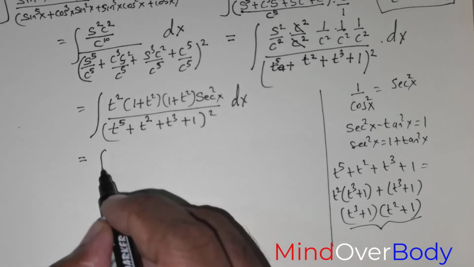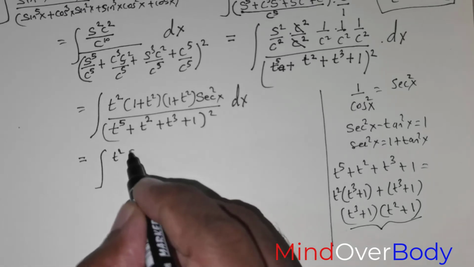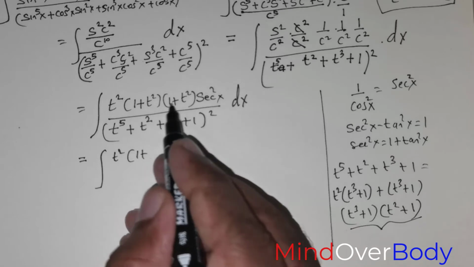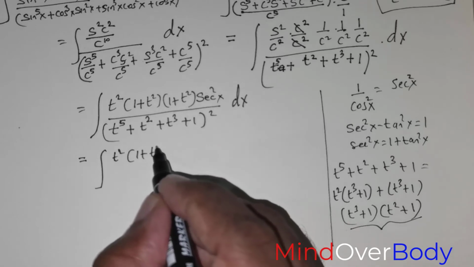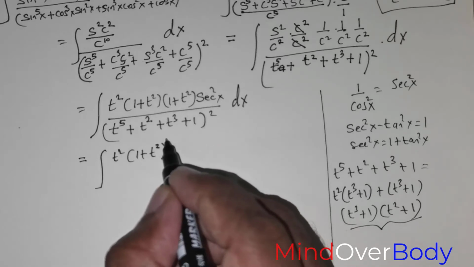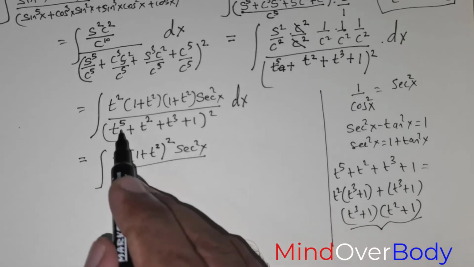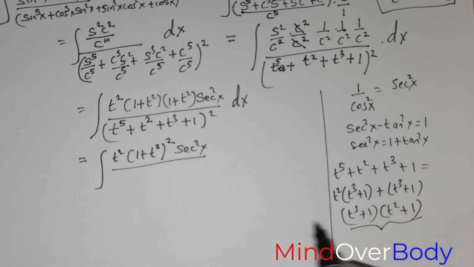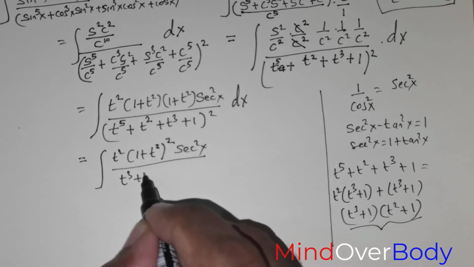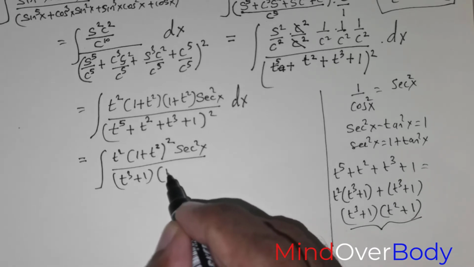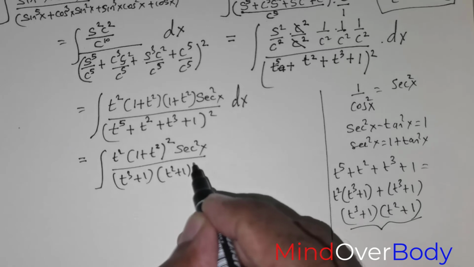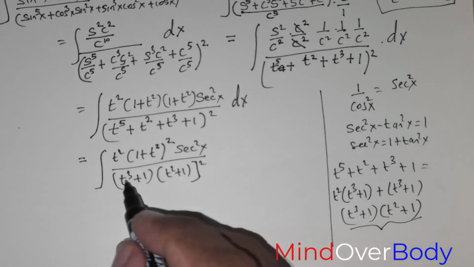So this is equal to the integral of t squared times 1 plus t squared times 1 plus t squared. That's going to be 1 plus t squared raised to the power of 2 times secant squared x divided by t cubed plus 1 times t squared plus 1, and this entire thing is raised to the power of 2.